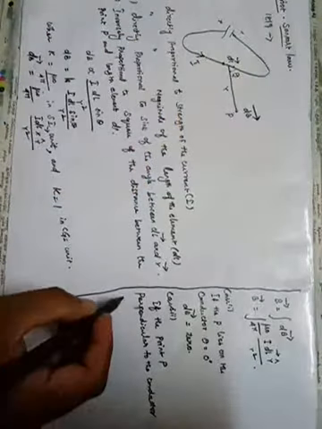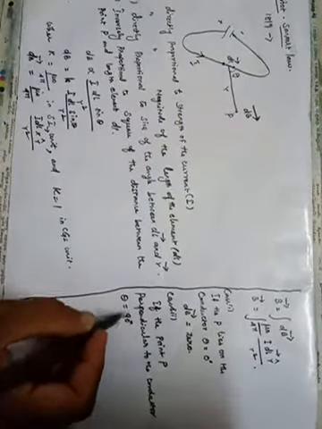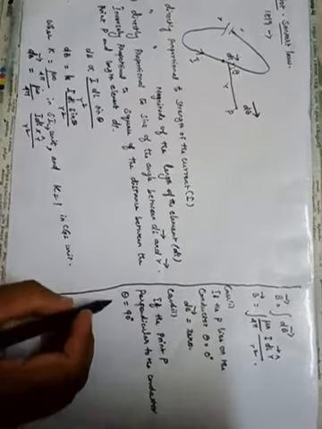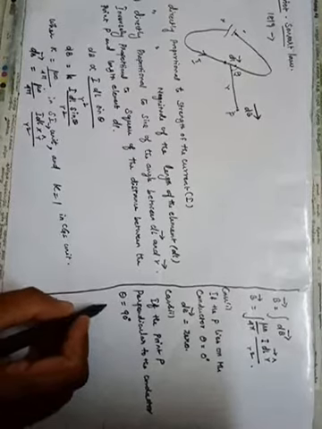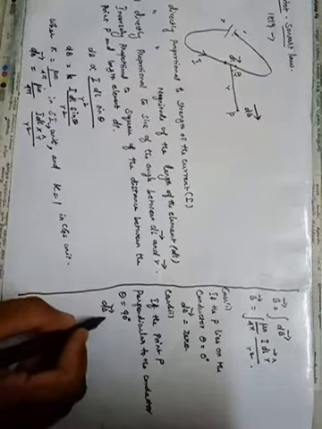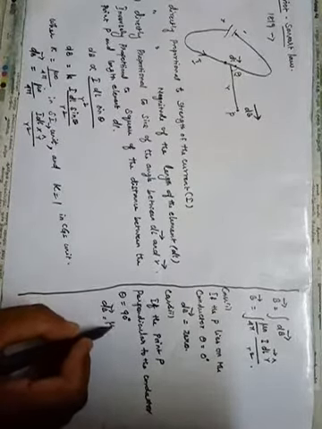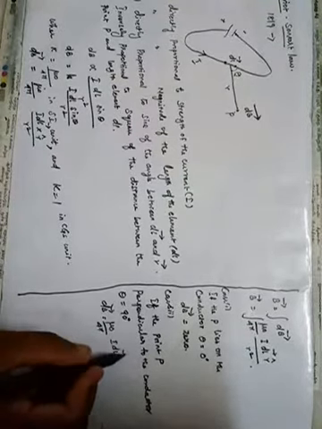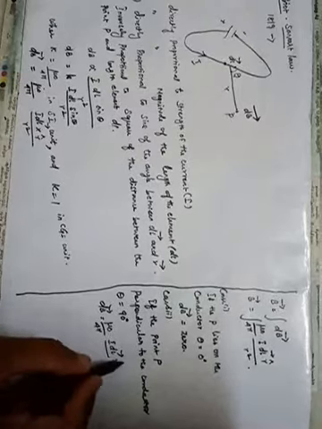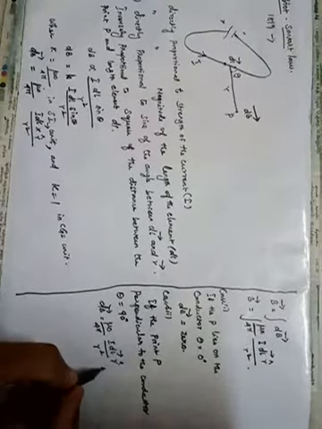Perpendicular to the conductor means theta is equal to 90 degrees, which we already discussed. So sin 90 degrees is equal to 1. So we can write the value of the dB vector: dB vector is equal to mu naught divided by 4 pi, I dl vector cross r cap, divided by r square.